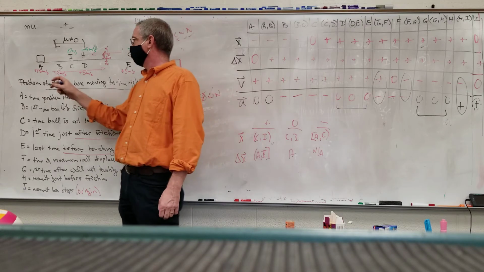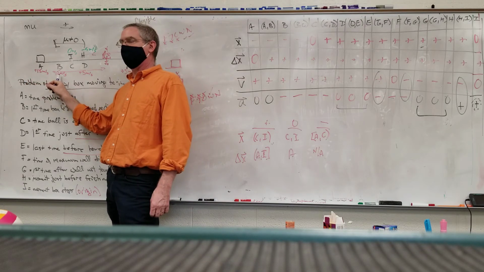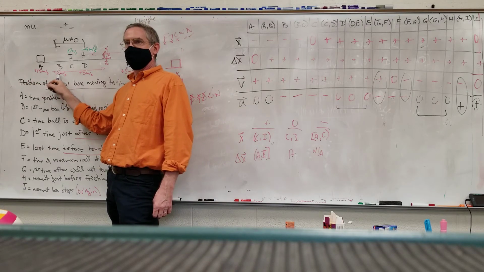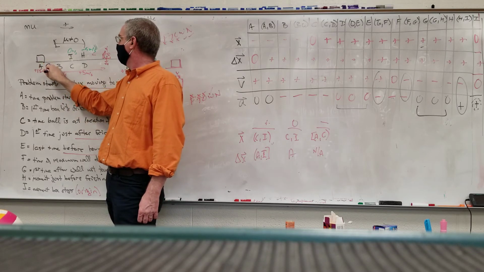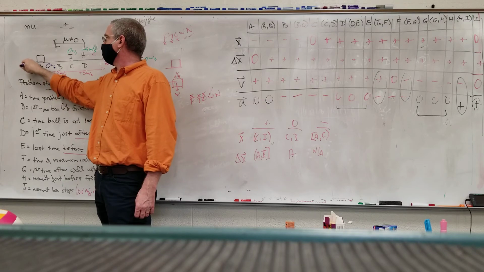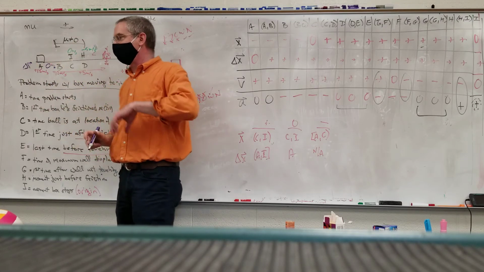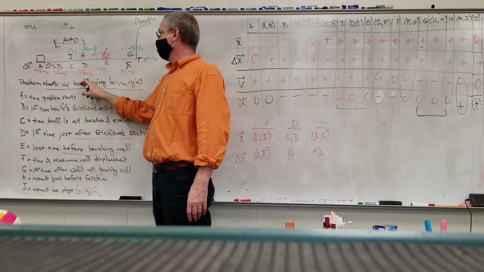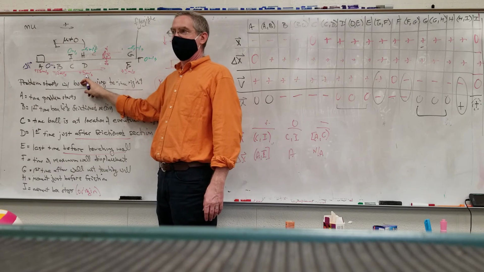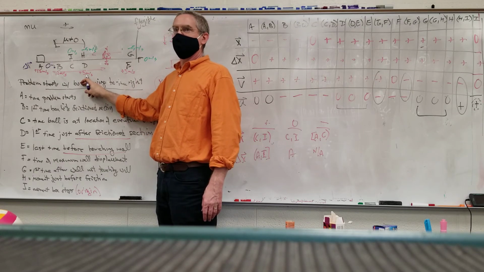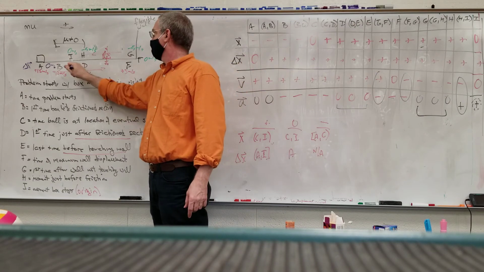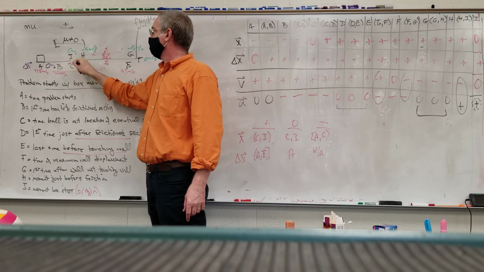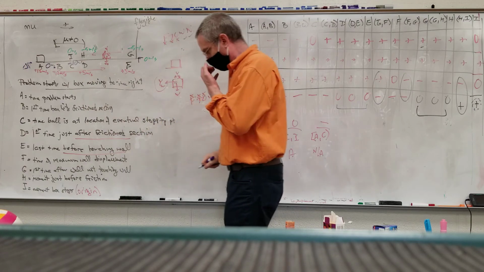I'm looking for a number. If I go from 15 meters per second to 15 meters per second, what's my change? 0. So this is my change in velocity. Remember that change is always final minus initial. All right, so from 15 to 5, what is my change? Close. Negative 10 meters per second. Right.